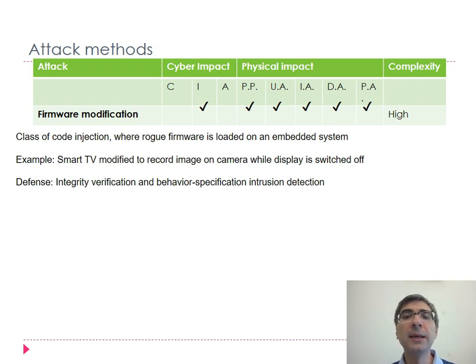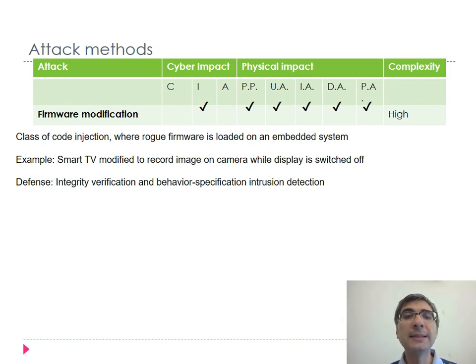So this can happen, for example, if a system allows updating its firmware through the internet, or generally allows updating its firmware, and then an attacker manages to inject or to create different firmware and replace the original one, perhaps on the database of the manufacturer. So then whoever installs it will install that rogue firmware, which will take control of a few things, and of course at the level of cyber impact it will affect integrity.